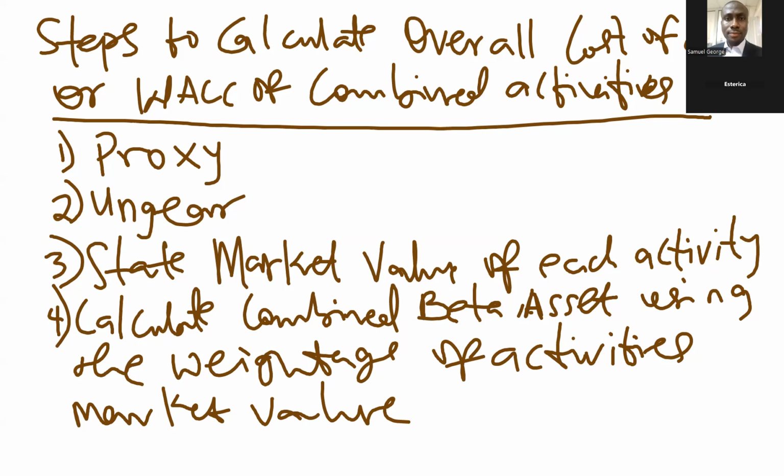Then we say 20 divided by 200. And maybe value of sugar is like 70. We say 70 divided by 200. That is the weight, so that is what we call proportion. Then we multiply each weight by their respective beta asset, and we add the weighted betas together. That's how step 4 goes, but I'm still going to demonstrate it using a small formula.